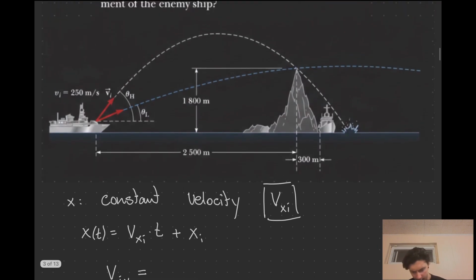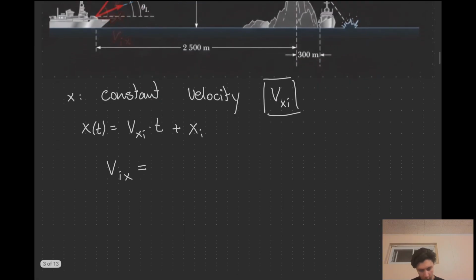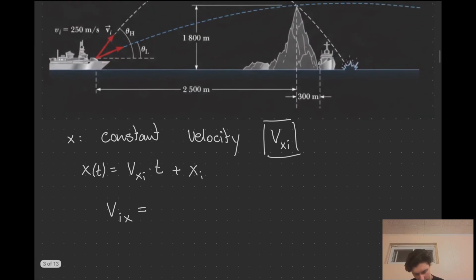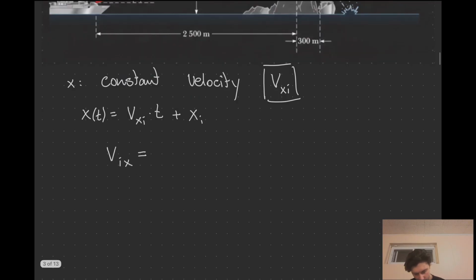So if we take a look at this triangle, Vix is over here, and this angle is theta h. So if we have adjacent and hypotenuse, we have cosine over here. So what we can do is Vi, this is the initial vector. It's 250 meters per second, so we could just plug that in. And here we multiply by cosine of theta h.